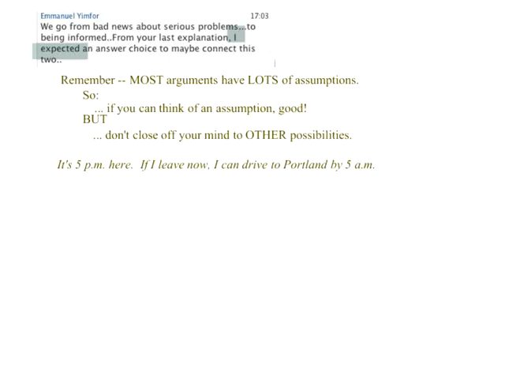One way you can find assumptions is to just directly see what's missing. We've got to connect the 5 a.m. and the 5 p.m. So one assumption I've got to make is that I can actually drive to Portland in 12 hours or less.